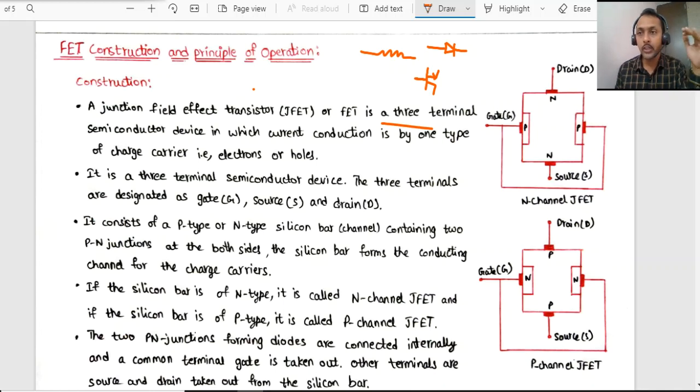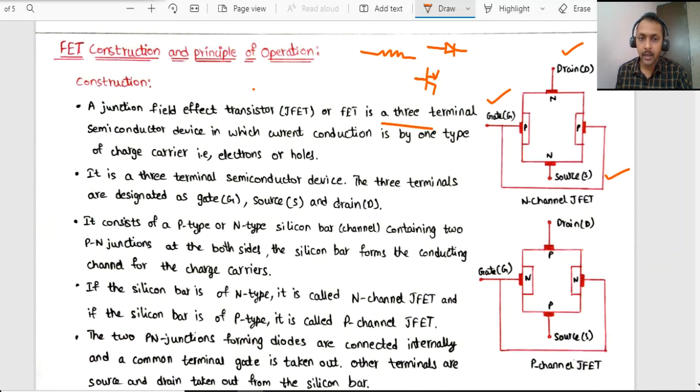Now what are those three terminals? Those three terminals are named gate, G, source and drain. Now it consists of either a p-type or n-type silicon channel or bar. It has two p-n junctions on both sides, and it forms the conducting channel for the charge carriers.